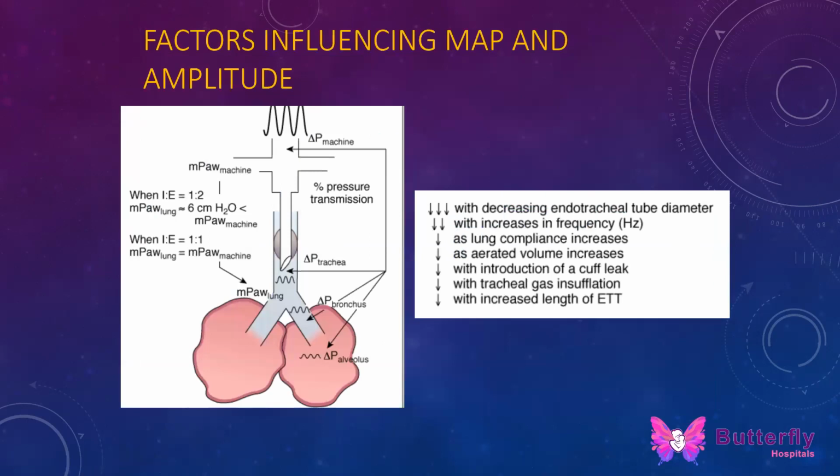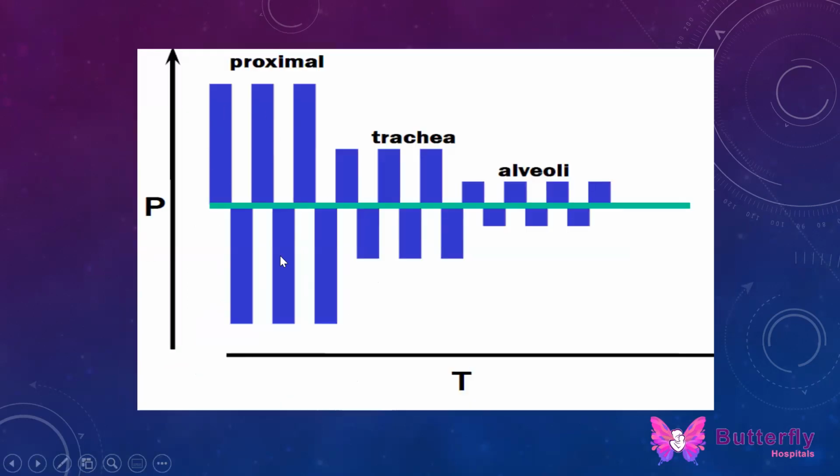So what are the different factors influencing the MAP and amplitude? As we said before, if the size of the ET tube is small, the pressure is going to be more inside the lungs, and the amplitude is going to be low.